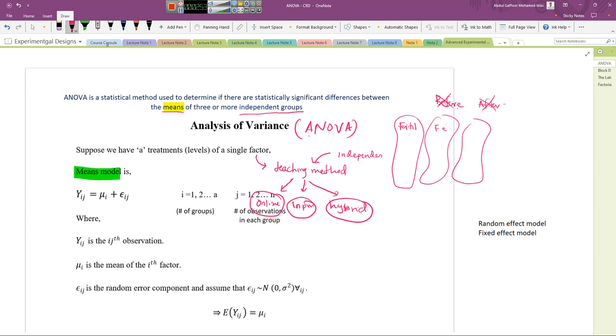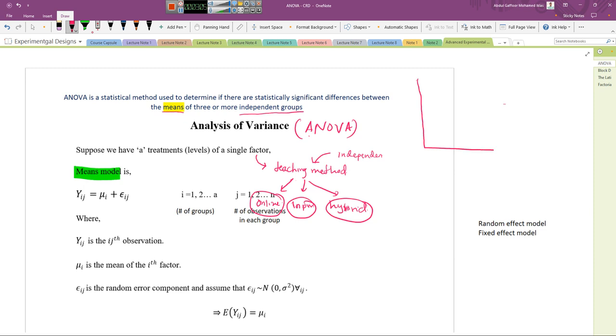So when I draw a graph, this will be my x-axis. On the x-axis we will denote teaching method. We have three types of teaching method: the first one is online, the other one is in person, and the third one is hybrid, right?